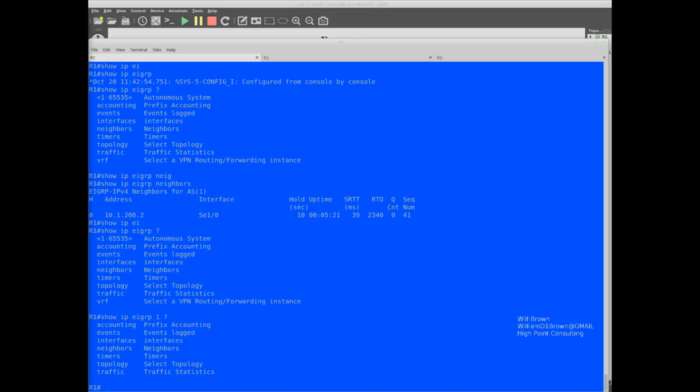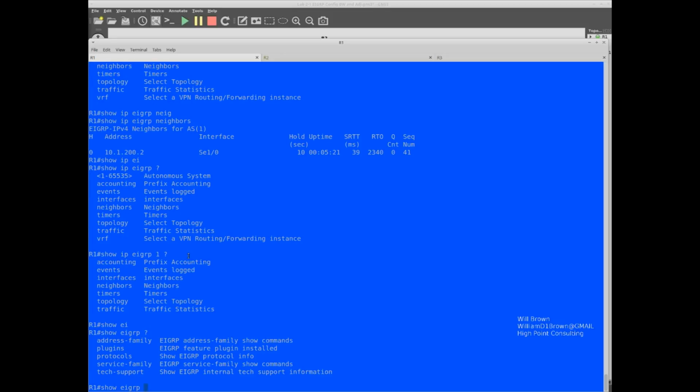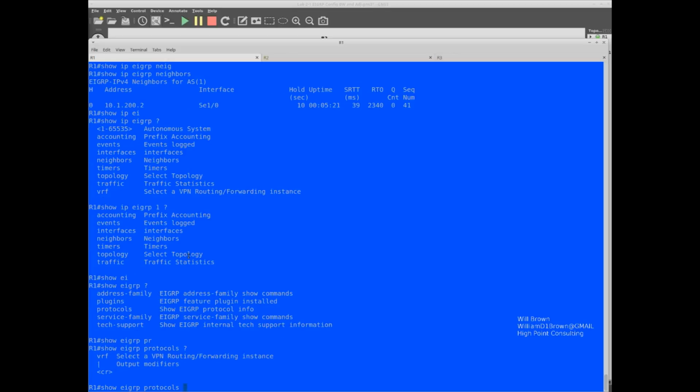I'm going to look back at my notes. Show ip... Now we go. Show eigrp protocols.